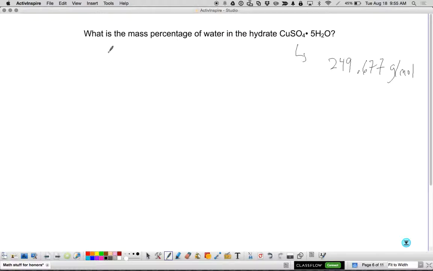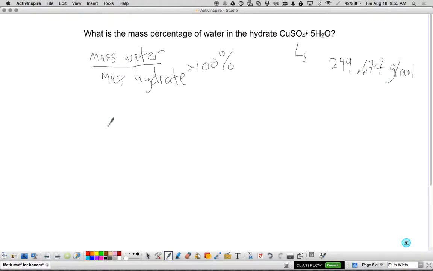Okay, so what is the mass percent of water? Well, in order to figure that out, I need the mass of water over the mass of the hydrate. And again, if I assume 1 mole, this becomes much easier, times 100%. The mass of the hydrate is really just going to be that times 1.